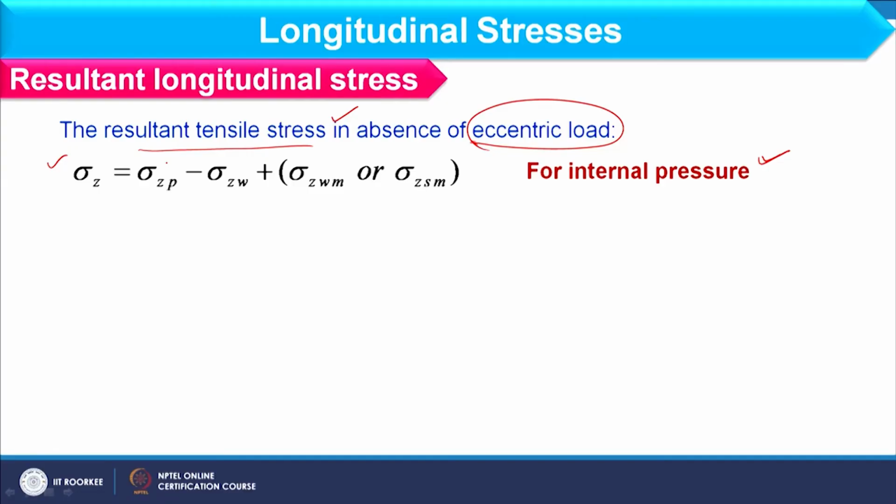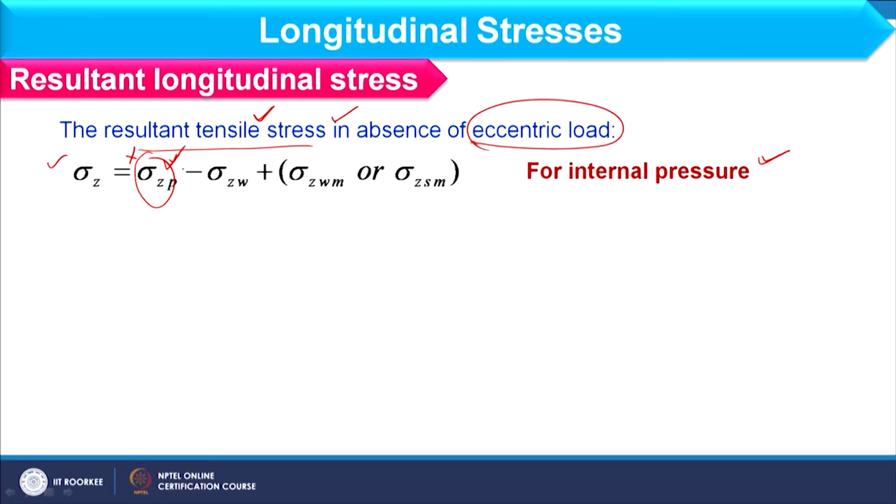So, if I have internal pressure, what will happen? Internal pressure will try to expand the shell. Fine. In that case tensile stress will be generated in the shell, and therefore the stress generated due to internal pressure we consider as sigma_zp, and that should have a positive value, right, because we are counting tensile stress, and this will give the tensile stress in the shell, right.